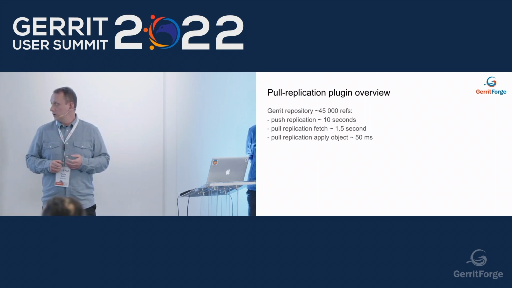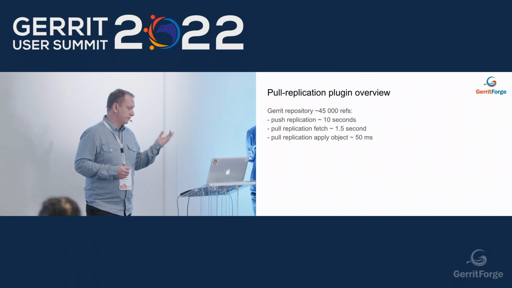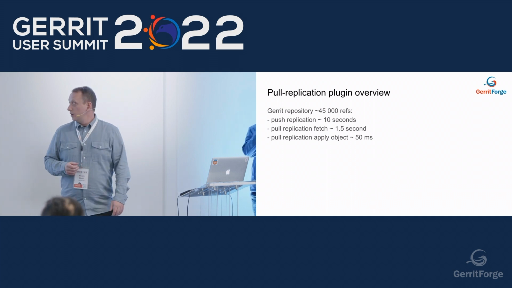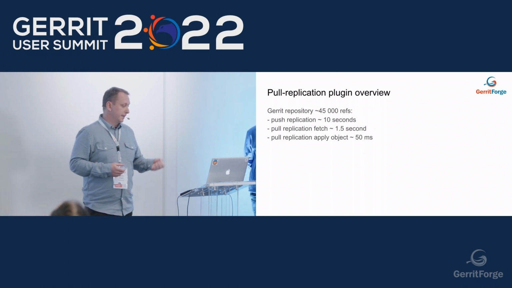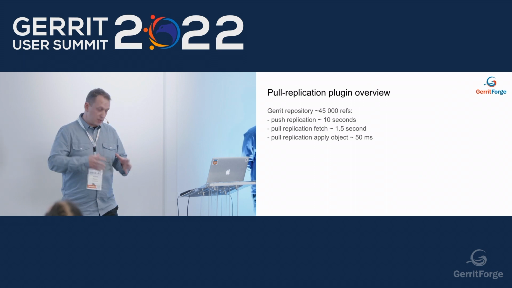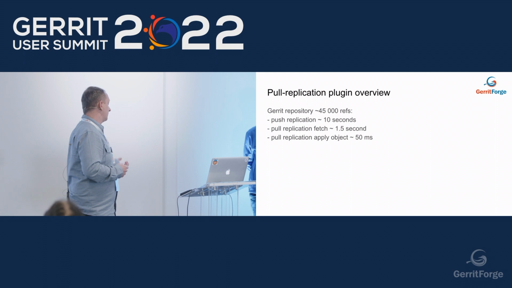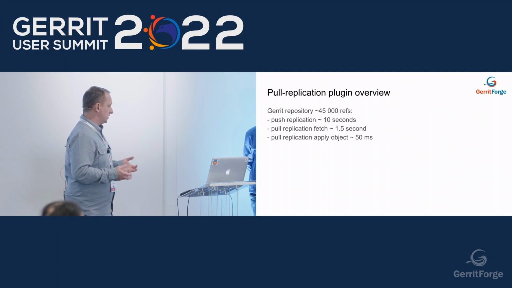Even for our Gerrit repository, which has like 45,000 refs, push replication on my laptop sometimes takes 10 seconds. At the same time, for the same amount of data, pull replication fetch takes 1.5 seconds, and apply object takes 50 milliseconds.